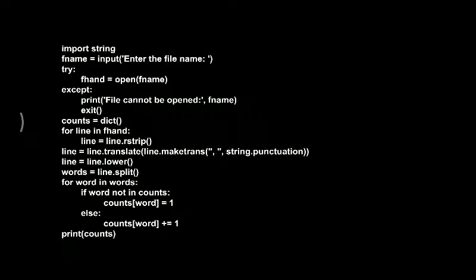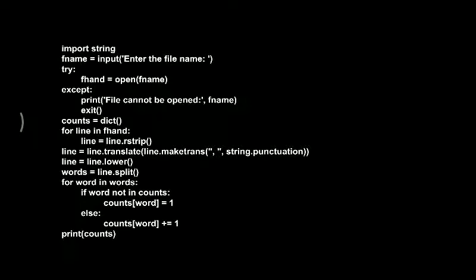So that's how the same previous example is modified. Here, counts = dict(). For line in f, we strip the trailing spaces: line = line.rstrip(). Then line = line.translate(line.maketrans(fromstr, tostr, string.punctuation)), so all the punctuation is removed. Line = line.lower(); if there are any uppercase letters, they will be converted to lowercase. Words = line.split(), so that line is converted into a list of words.